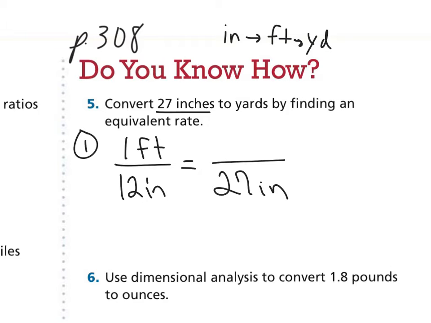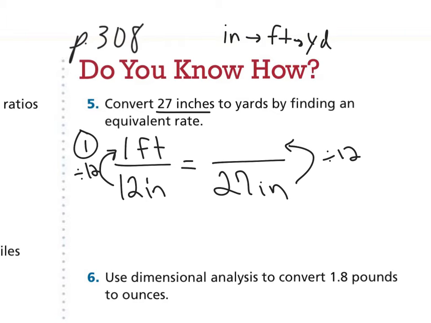So if we have 27 inches, let's think about how we can do this. To get from 12 to 27, that's not going to work out very well. We can go from 12 to 1 though, which would be dividing by 12.